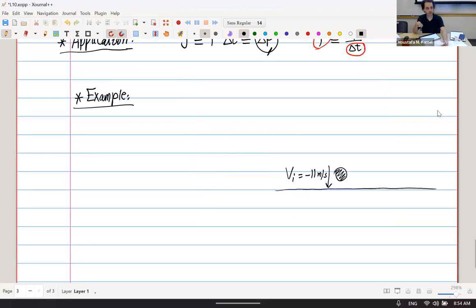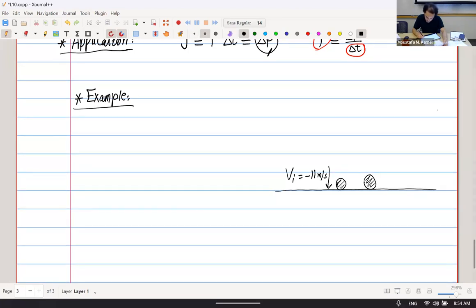This is right before the collision with the floor. This is right after the collision with the floor. Let's number them as 1, 2, 3 instead of i, because we will have 3 velocities. And then the ball bounces and goes up until it stops, when it reaches maximum height. So V3 is 0 at maximum height.